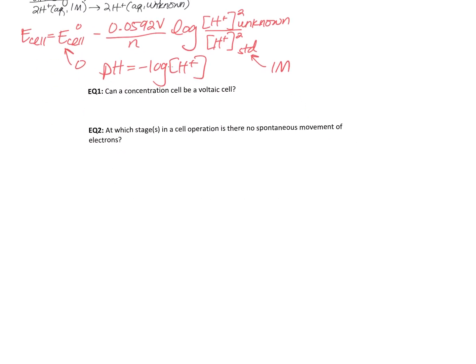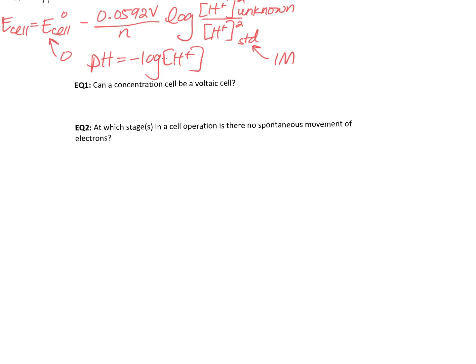All right, let's finish off with these questions. Can a concentration cell be a voltaic cell? Meaning, can it be spontaneous? The answer is yes, it can be spontaneous. You just have to make sure that the concentrations are different from each other.